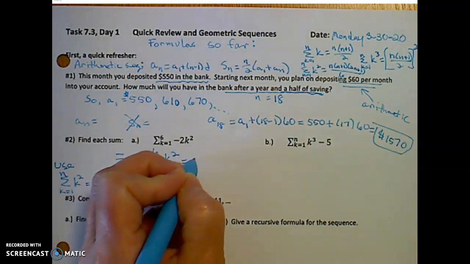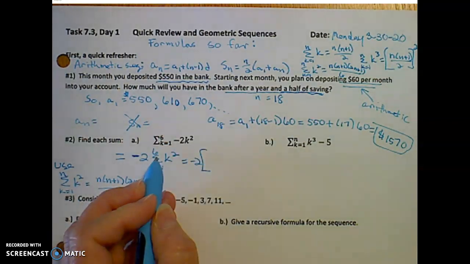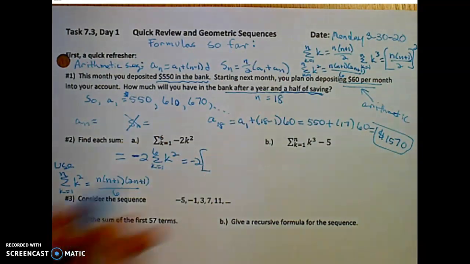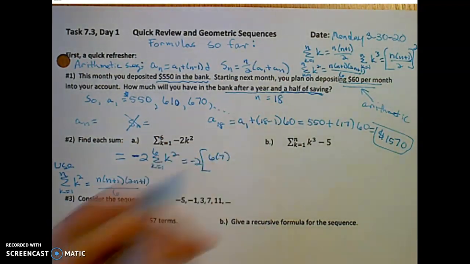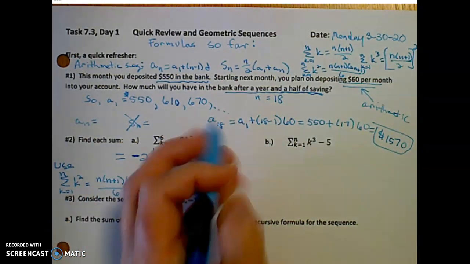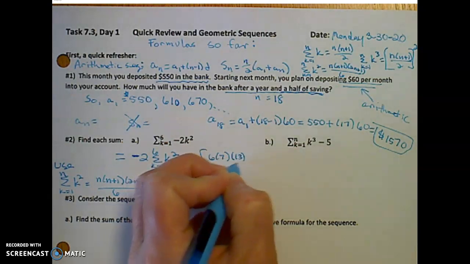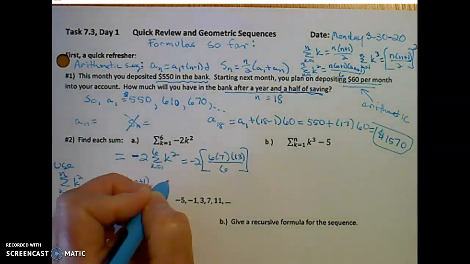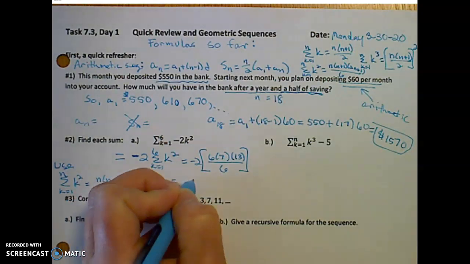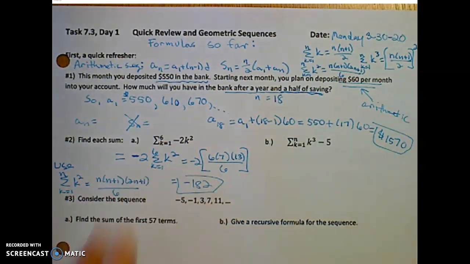So now that's going to be -2 times, for the first 6 squares, 6 times 7 times 12 times 13 all over 6. And what is that? I get a sum of -182 with my calculator.